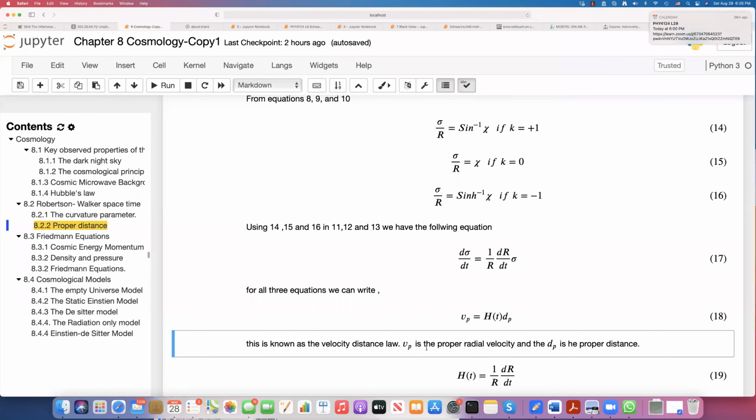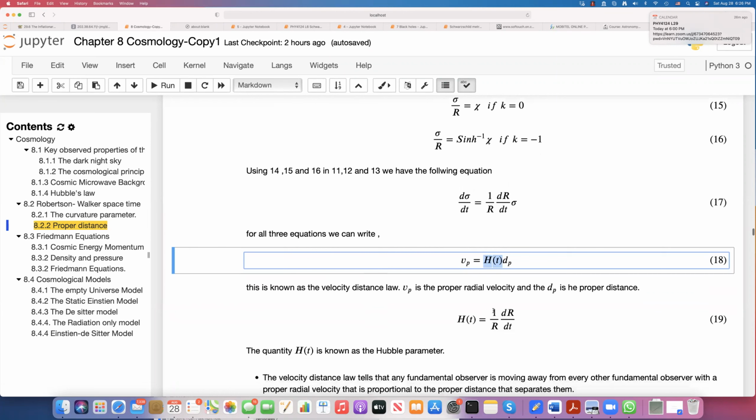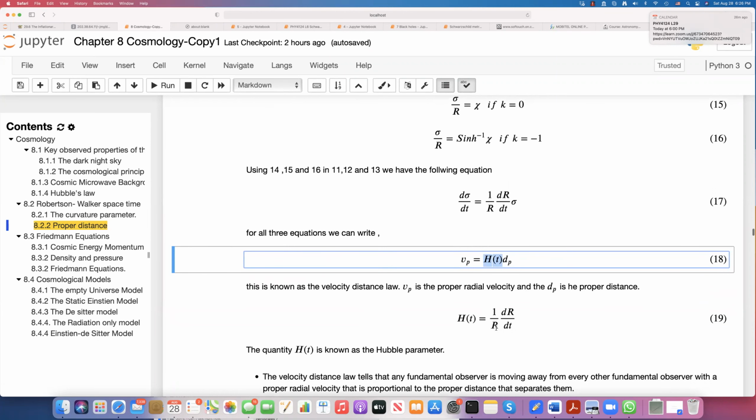right? And Vp is the proper radial velocity, and dp is the proper distance. And this term right here, H(t), is what we call the Hubble parameter. And I have again defined it right here. That is 1 over r, dr over dt. And that quantity H(t) is known as the Hubble parameter, right?